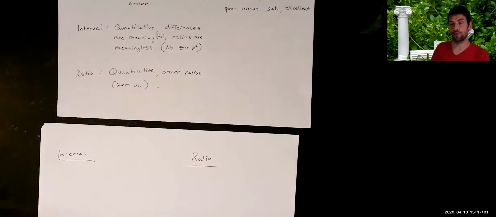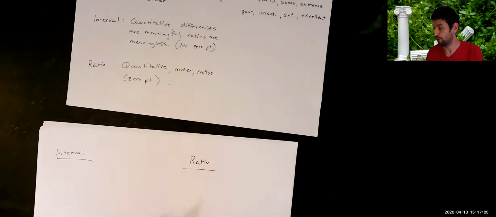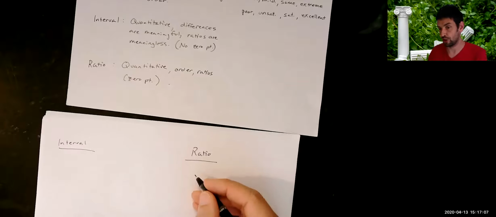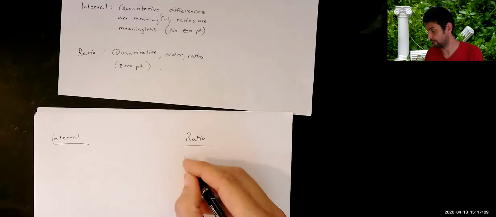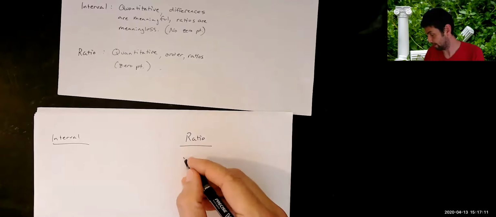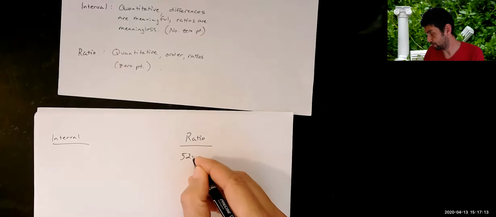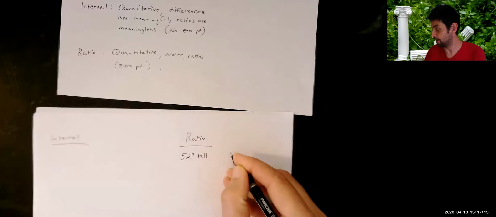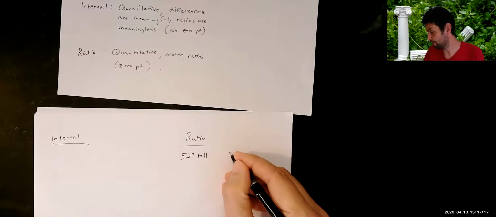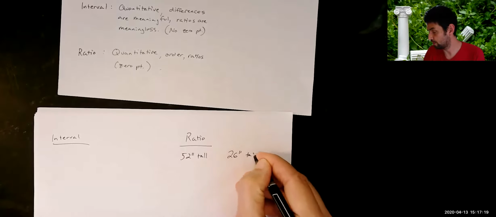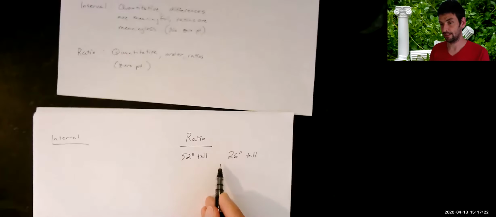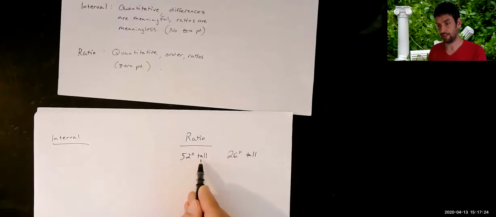An easy example of ratio would be something like, suppose some child at some age is, let's say, 52 inches tall, and another child, a younger child, is only 26 inches tall. It makes sense to say that this child is twice as tall as this child.